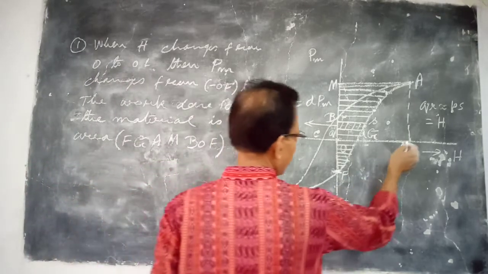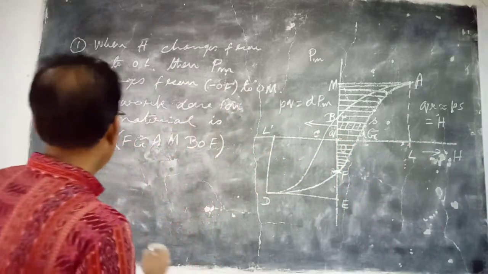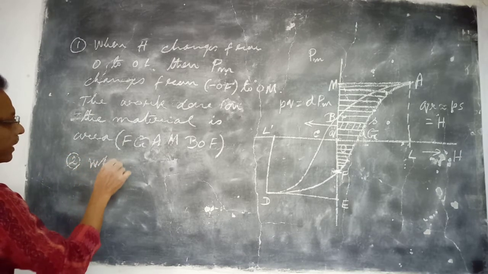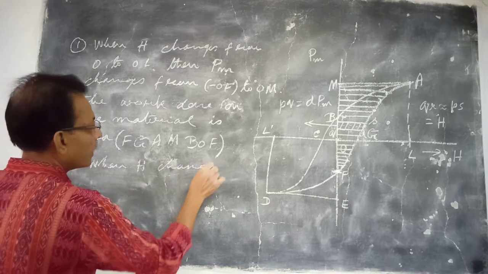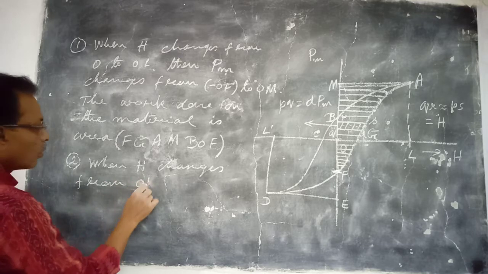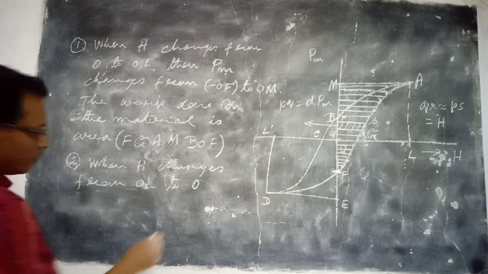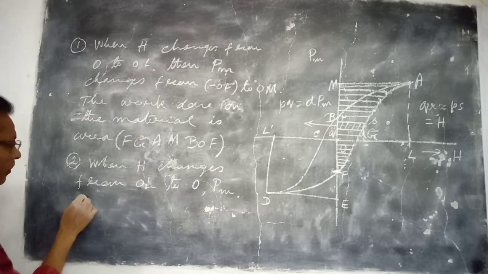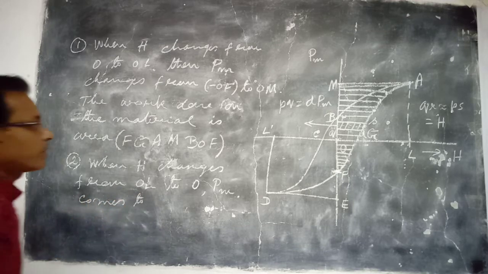Second stage, H comes from OL to O, again comes to 0. When H changes from OL to O, then Pm comes to, where it will come?